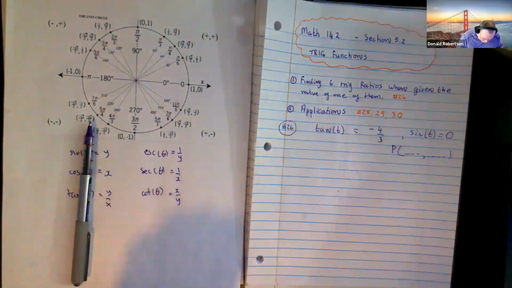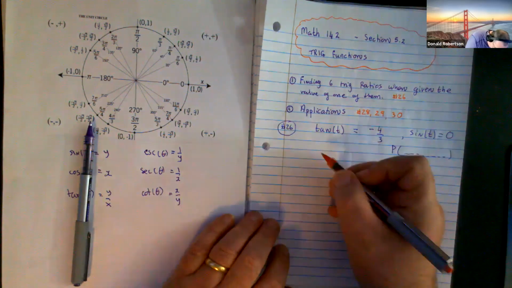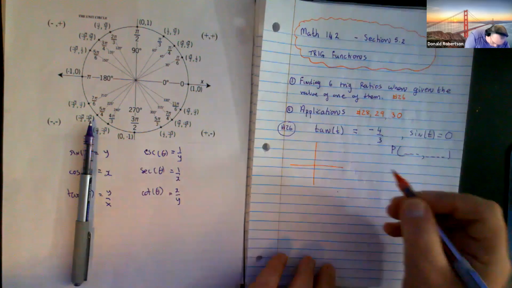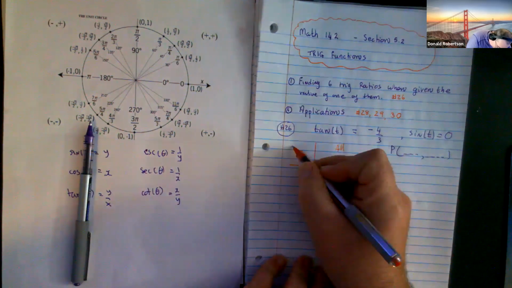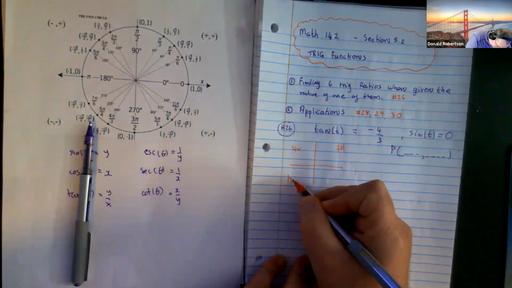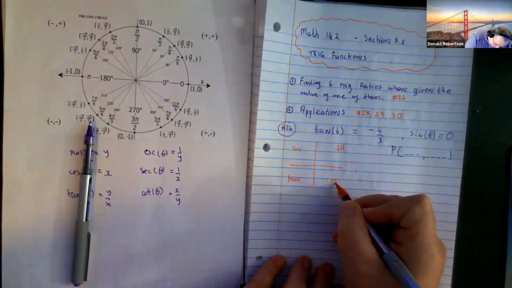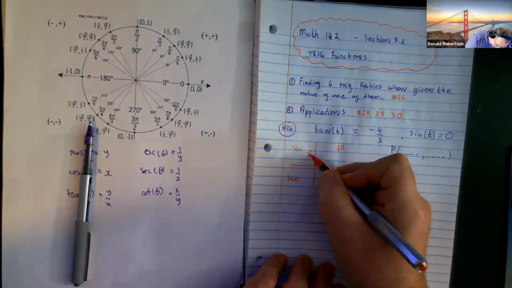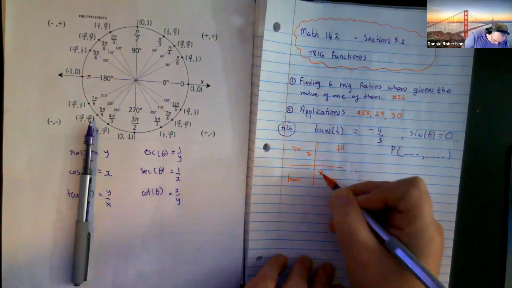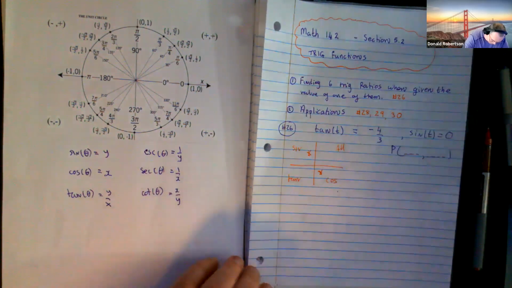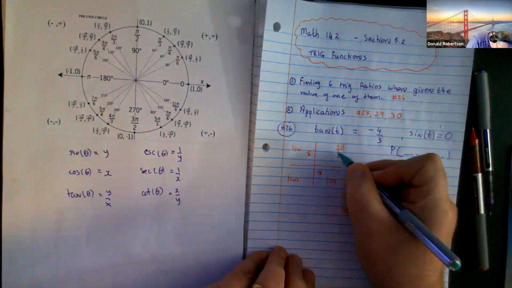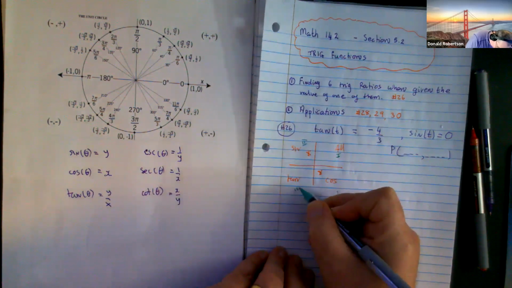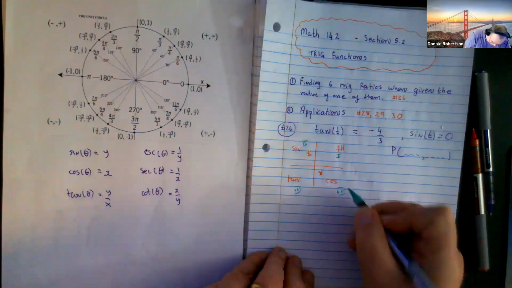So let's get the quadrant sorted out. I'll do a little picture. All, sine, tan, and cosine. Now, the tangent is negative in this quadrant here, right? And this one here. So put the numbers in. There's the first quadrant, there's the second, here's the third, and there's the fourth.